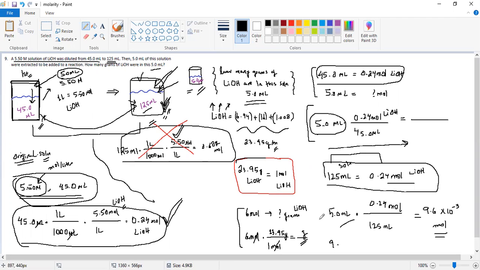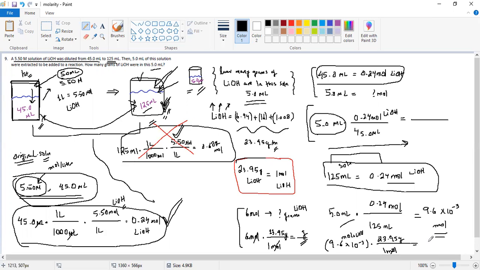You would use that as a conversion factor and say, okay, 9.6 times 10 to the power negative 3 moles of LiOH, lithium hydroxide. And if you place your conversion factor in the correct manner, your moles would cancel out and you'd be left with grams.